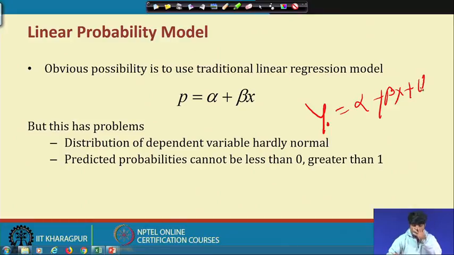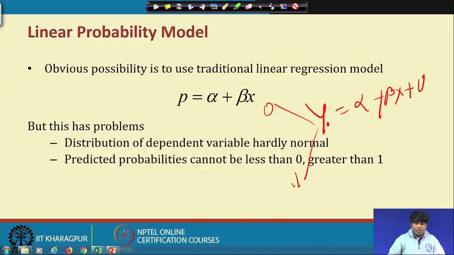This is the original model, but here y will always be between 0 and 1, either yes or no, or something like male or female. It varies only between two alternative situations, and then it is predicted with some independent variables.